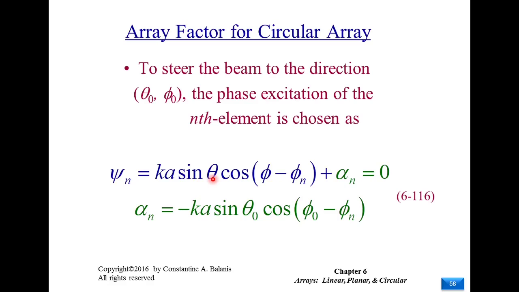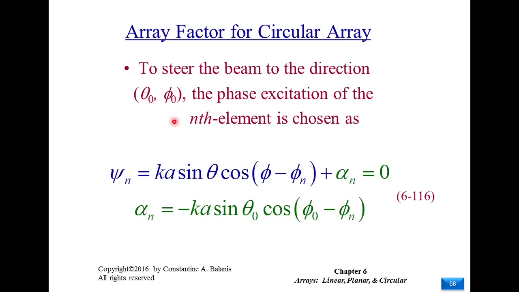So when we put theta equal theta naught, phi equal phi naught, we need alpha n to equal the negative of that. So this is the condition for steering the circular array factor along theta naught and phi naught.